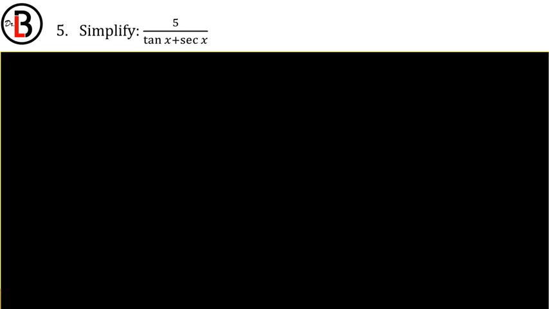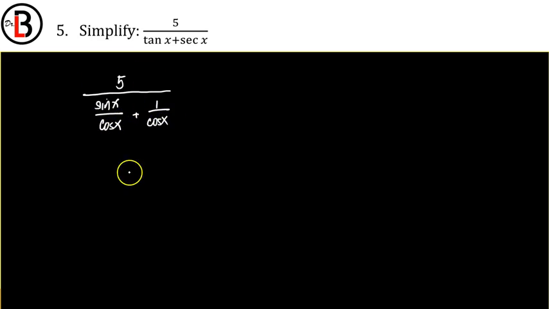Let's go to another example. Here, you'll notice it's tangent and secant at the bottom. If we make it in terms of sine and cosine, this is sine of x all over cosine of x, and this is 1 over cosine of x.